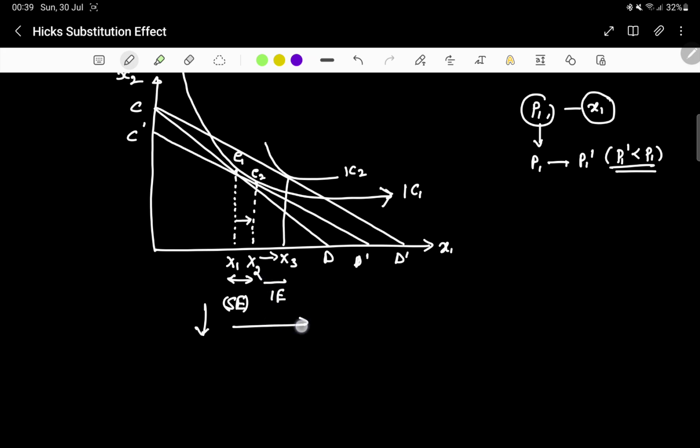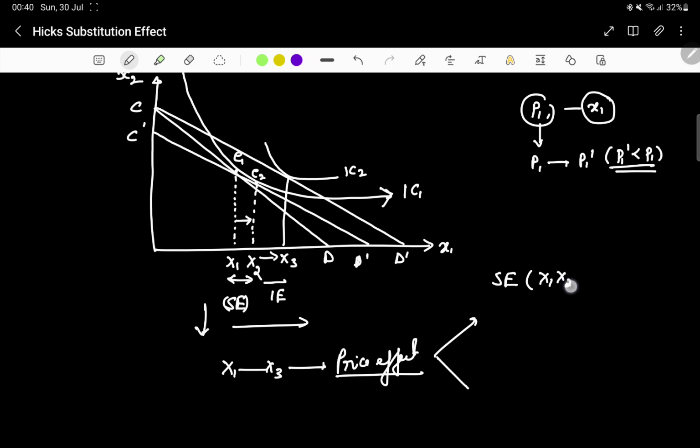So the total price effect is x1 to x3, and the total price effect is decomposed into two effects. One is substitution effect, measured between x1 and x2, and income effect is measured between x2 and x3.